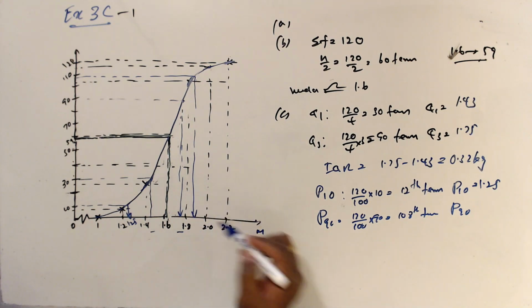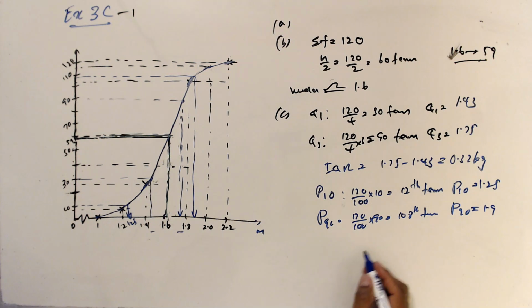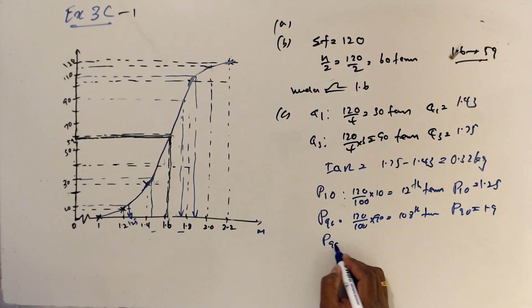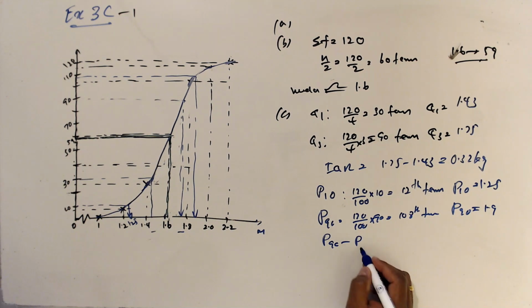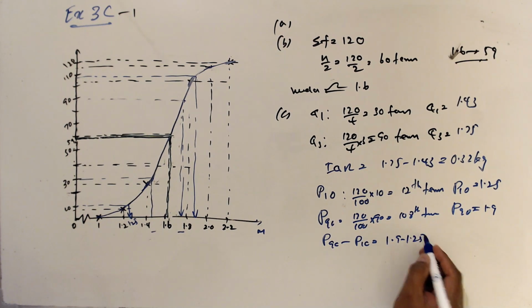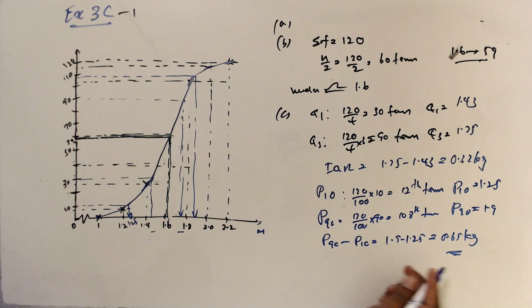So that is approximately 1.9. So the interpercentile range, P90 minus P10, equals 1.9 minus 1.25, equals 0.65 kg.